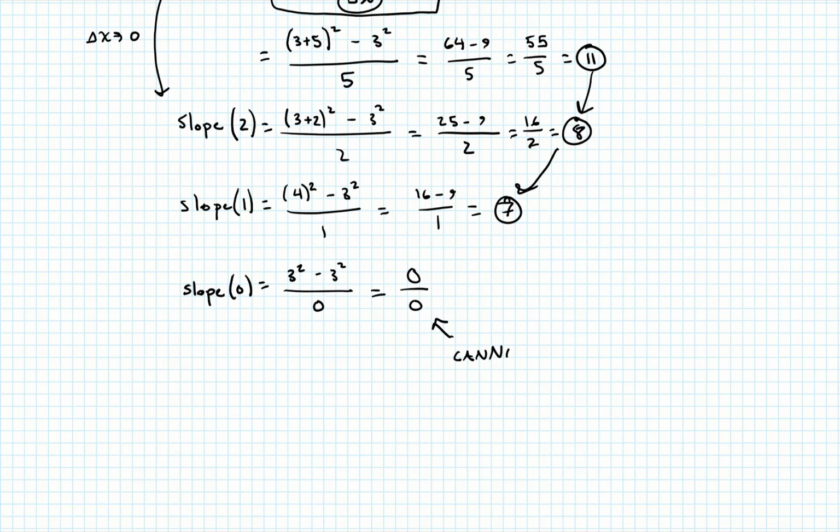Cannot divide by 0. That's an error. And if you want to prove that to yourself, try to imagine taking something and dividing it 0 times. How many times can you divide something by 0? So let's imagine you have 2 pencils in your hand, and you divide that by 2. How many times can you take away 0 pencils?